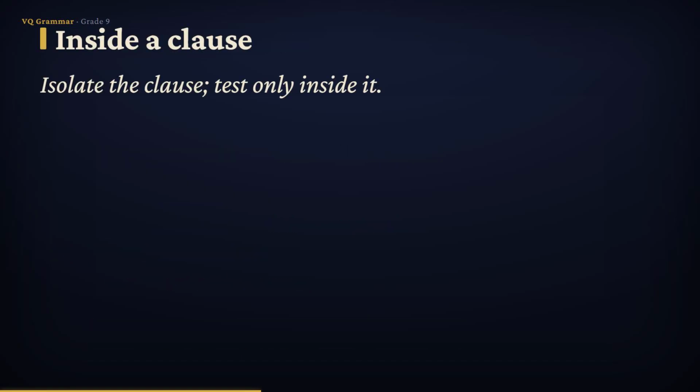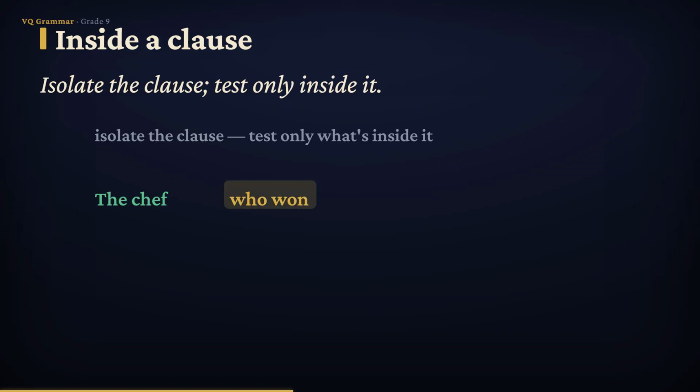Finally, the part that feels hardest but really isn't. Who and whom inside a subordinate clause. One of those little describing clauses tucked into a sentence. The secret is to isolate the clause and test only the words inside it, ignoring everything around it. Here's one. The chef who won opened a cafe. Pull out just the clause, who won, and test it. He won.